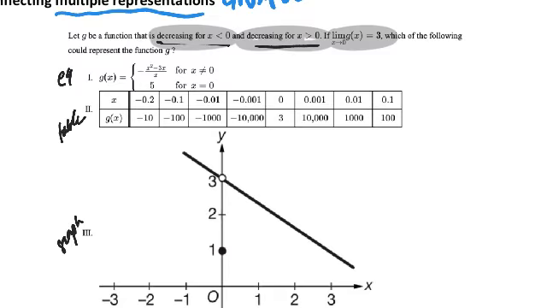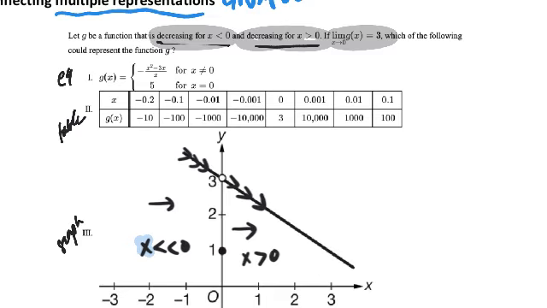Clearly, for x less than 0, which is this side, as x moves right, y is decreasing. In math, when we talk about increasing and decreasing, x is always moving right, and then you look at what y is doing. And past 0, when x is greater than 0, y is also decreasing as x moves right.